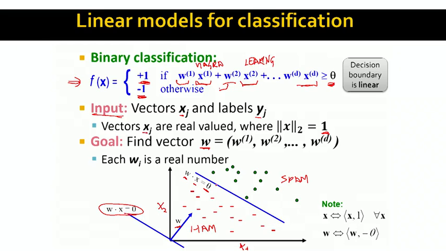And now if this product is positive, then we will be making one prediction, and if the point is on the other side of the line, then we will be making the other prediction. And the whole goal, or the hard part here, will be: how do we find these weights W? How do we find W such that it represents this line that separates spam from non-spam?